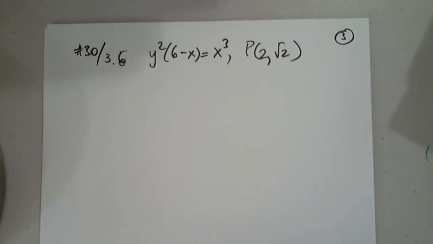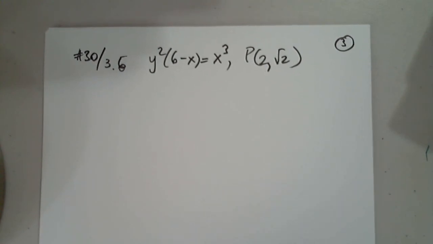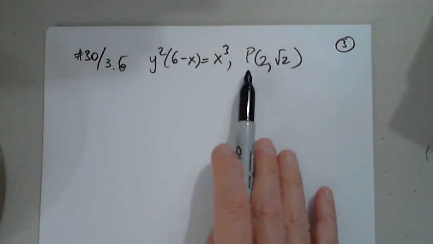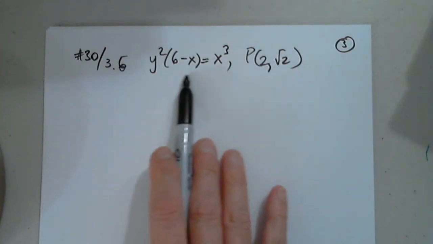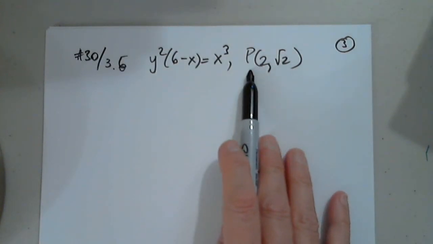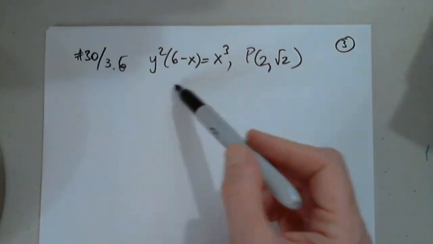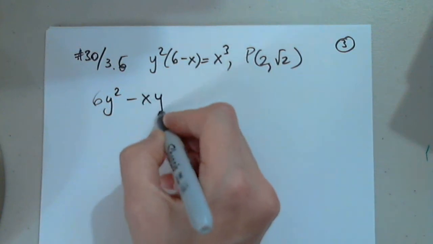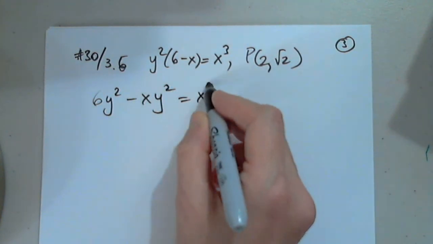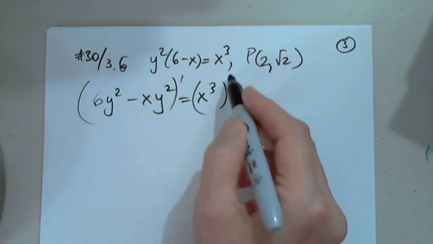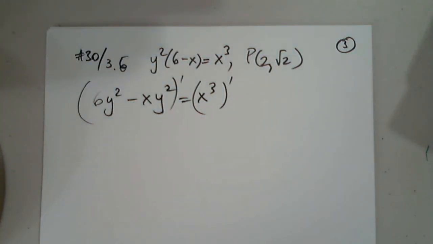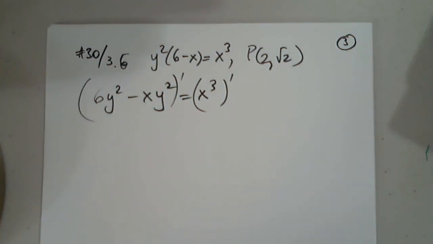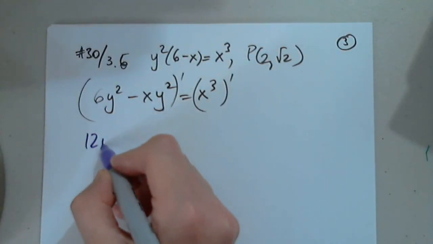Good. So in this particular example, we're asked to find the equation of the tangent line to the graph of this at point P. One option would be to just distribute here as 6y squared minus xy squared equals x cubed, and then differentiate implicitly. What do we get on the left-hand side? 12y dy/dx.